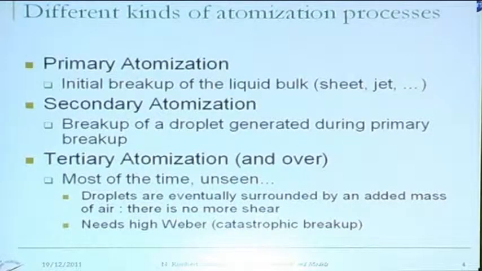There are some reports that when you have very high Weber number, you have catastrophic breakup and you can have third order or fourth order atomization. But as far as I'm concerned, I did not see it. So I will focus on the secondary atomization, but it's a kind of artificial distinction, and I think the same reasoning could be made at each step.